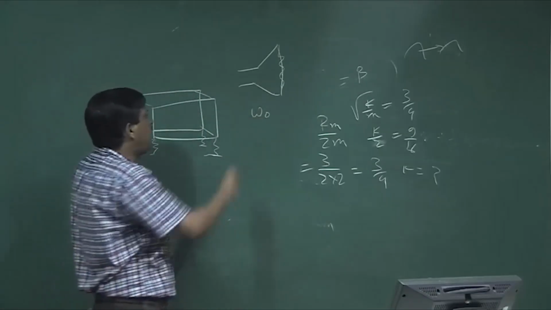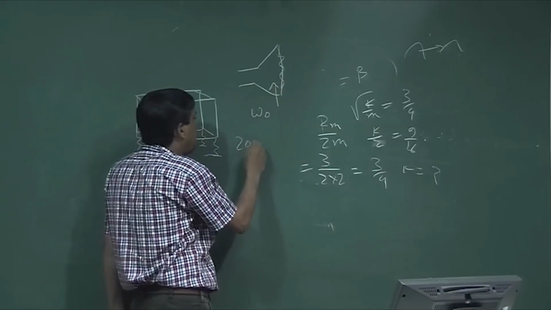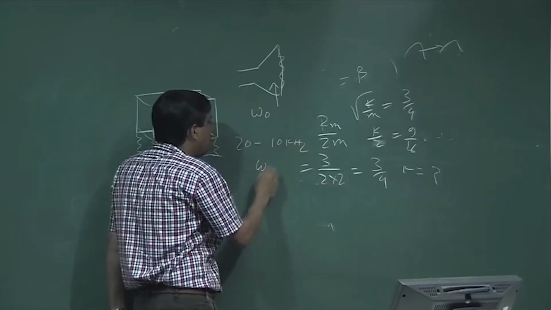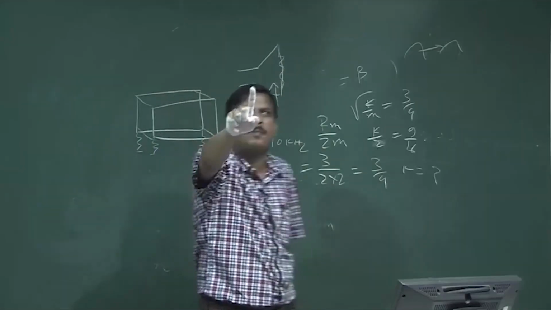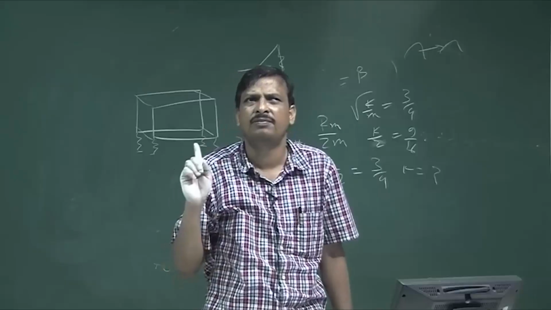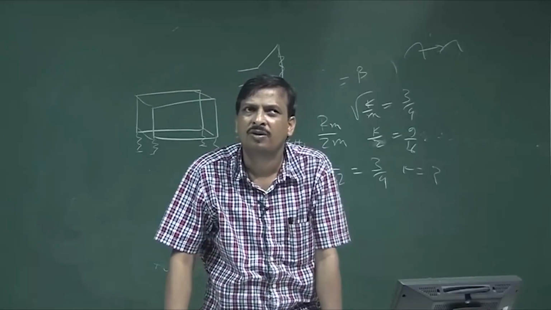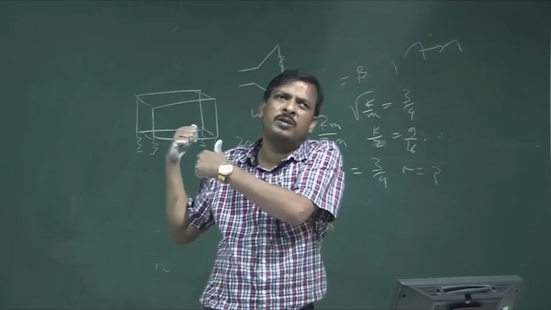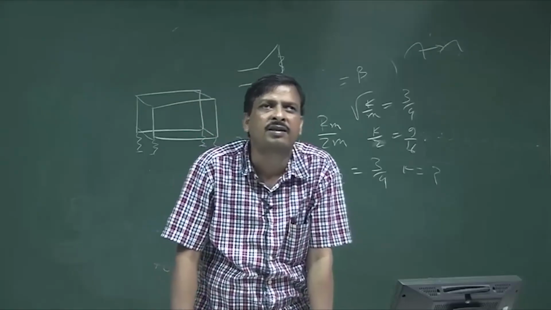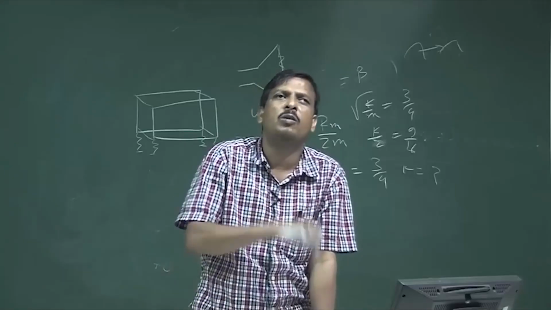Now, if I want to operate this loudspeaker from 20 hertz to 10 kilohertz, then my omega 0 should be much above 10 kilohertz, so that resonance does not happen. If resonance happens, then it is gone. So, if I know the mechanical quantities, I can easily draw the equivalent mechanical circuits, find out the impedance, find out the resonance frequency, and I know the operation frequency.